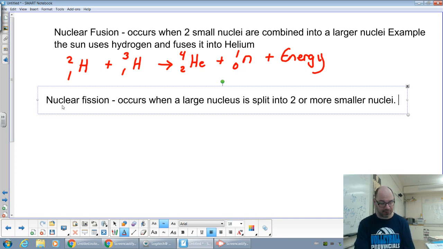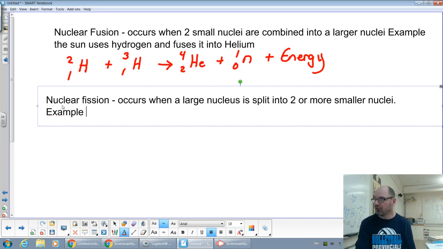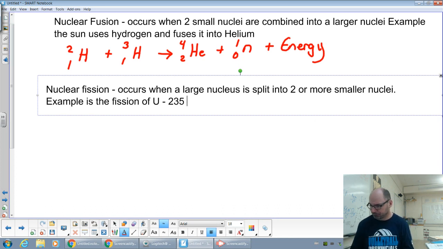An example of this is the fission of uranium-235. Okay, that's very common. So what the uranium-235 fission equation looks like is something like this.